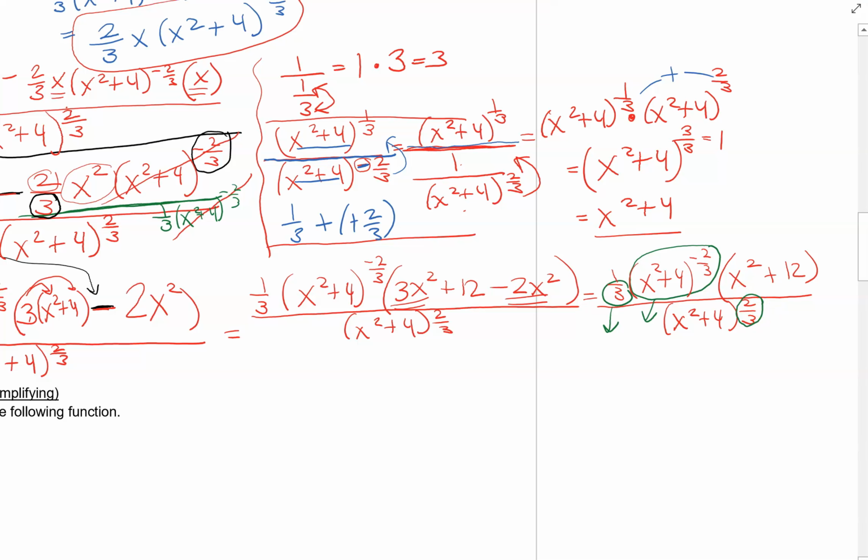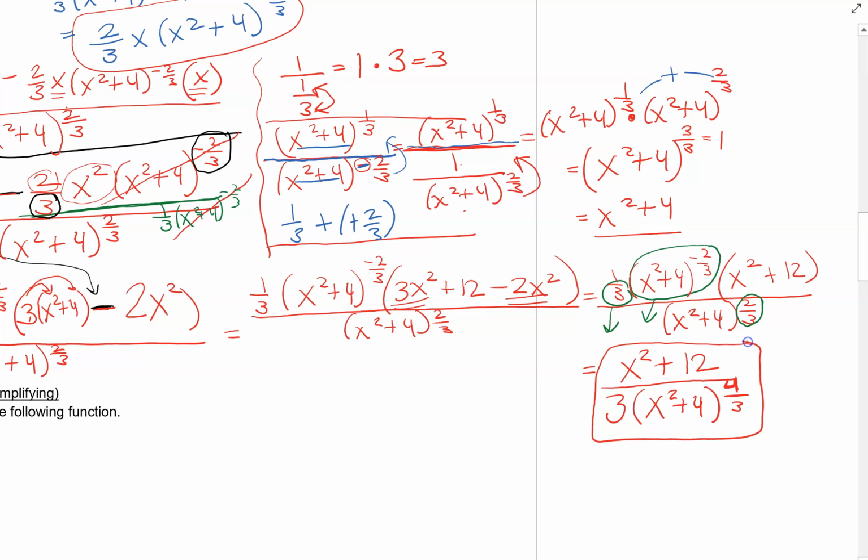So then my final answer will be x squared plus 12, because that was all that was left in the numerator, divided by 3, because that came from the 1/3, times x squared plus 4 to the power of 4/3. Since I'm adding another same base with the same power in the denominator, it ends up being to the 4/3. So then that's my final answer there.